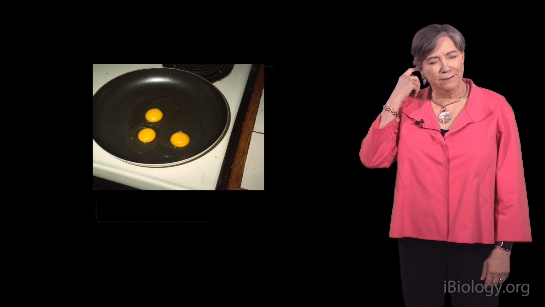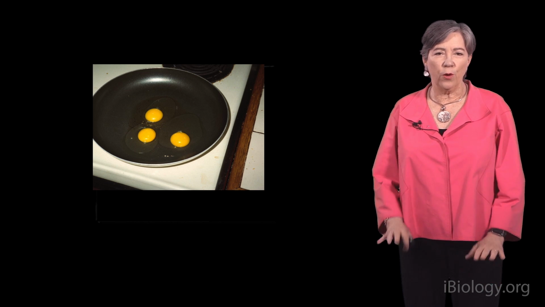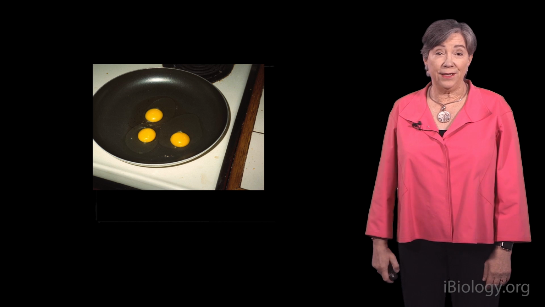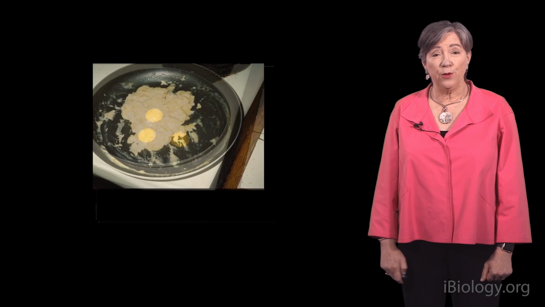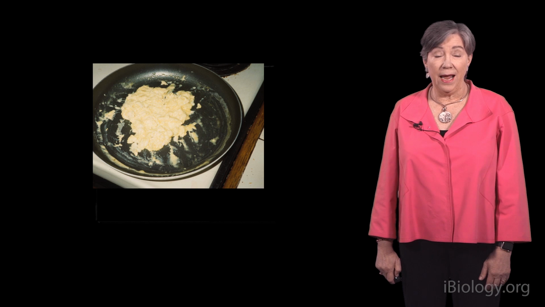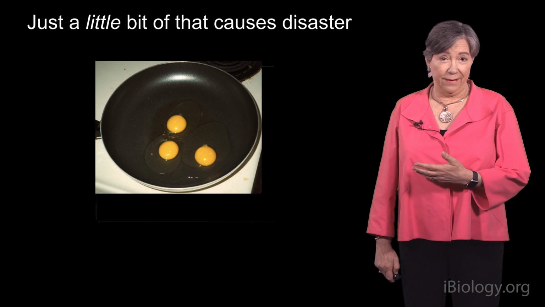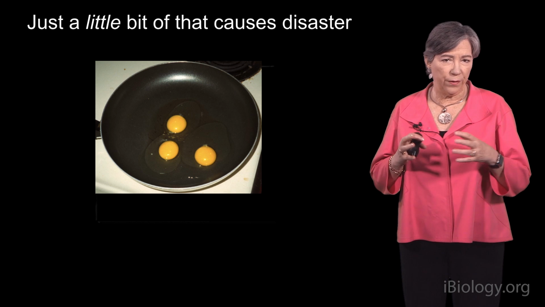So you have a very visceral feeling for what protein aggregation is in your own lives. This is it. These are proteins, and they look perfectly fine. This is what happens when you apply heat to the system. The proteins aggregate. And of course, that doesn't happen in your body, but just a little bit of that is actually happening all the time.